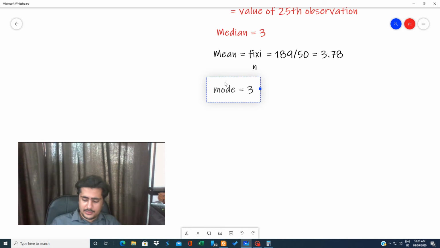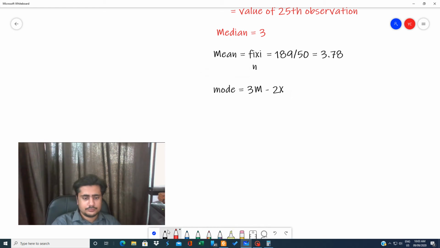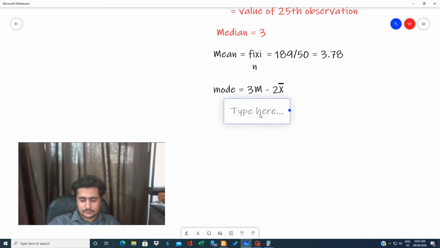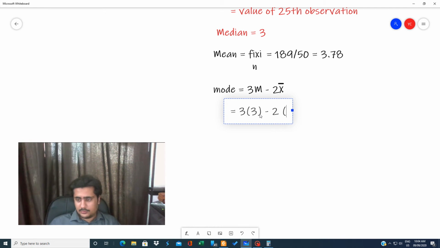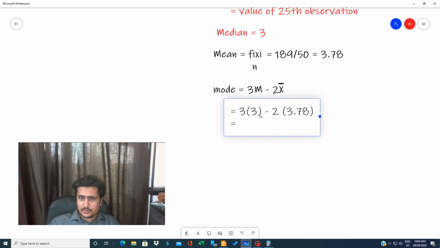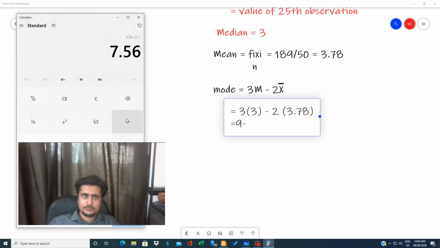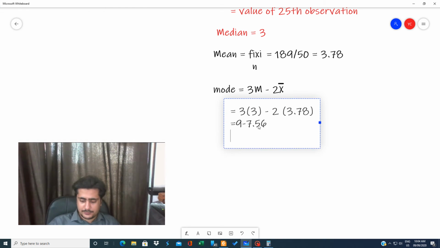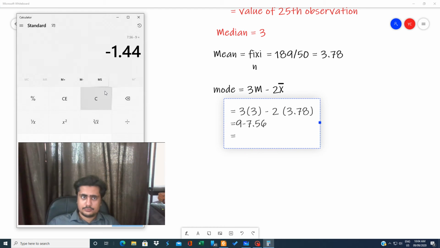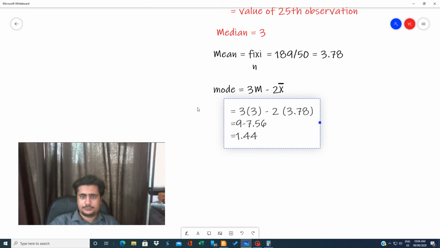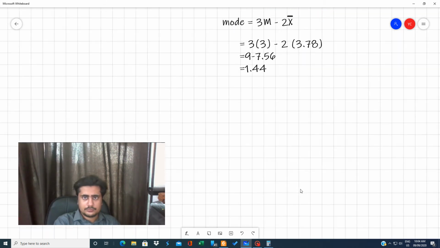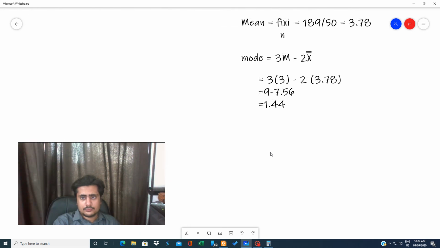My mode is 3 median minus 2 mean. Now 3 median is 3 into 3, 9, minus 2 x bar, which is 3.78 into 2, 7.56. So 9 minus 7.56 is 1.44.